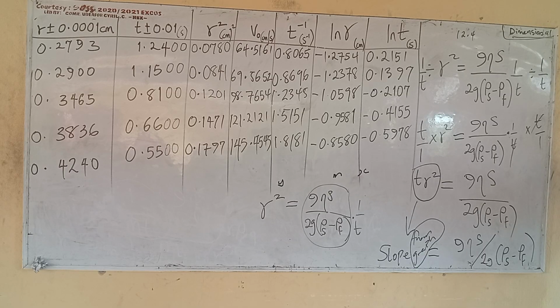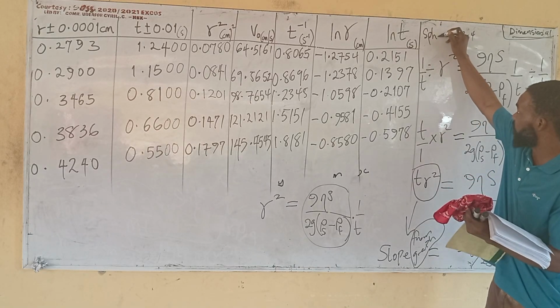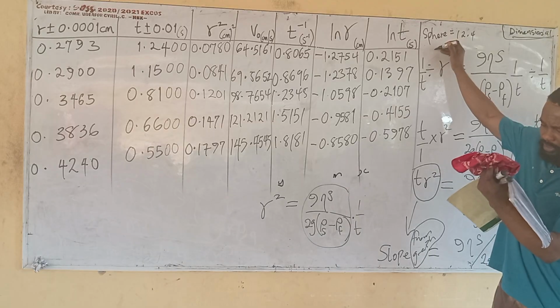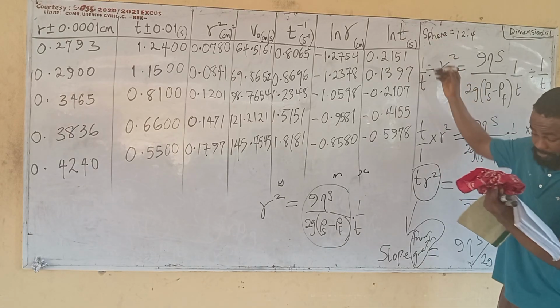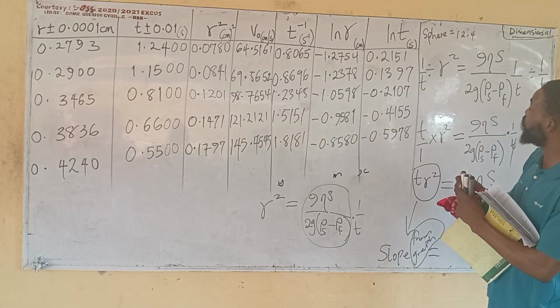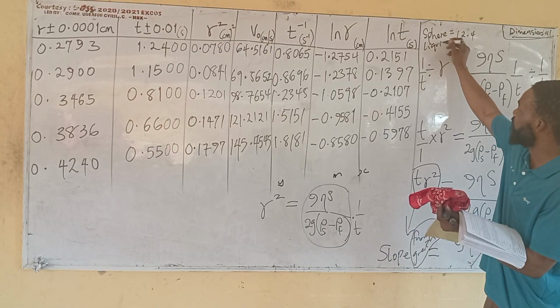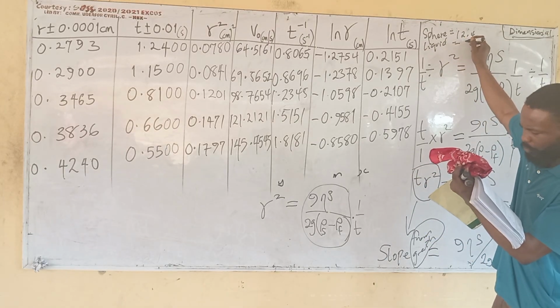It's specific gravity, but I believe they are trying to equate all those things we proved when we started. So if we substitute the ball to be 12.4, that is the sphere there, then the density of the liquid, which they said we should use castor oil, so liquid density equals 1.4.